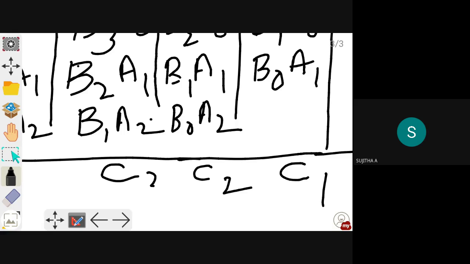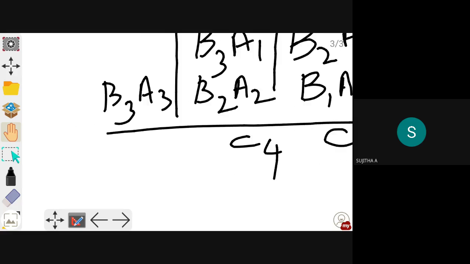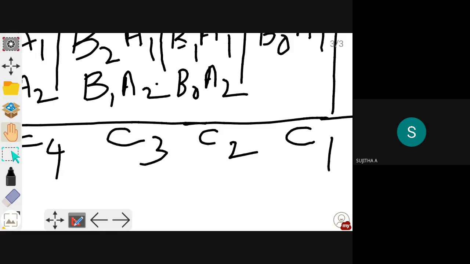This output should be C3. This output should be C4. This output should be C5, and if there is any carry, that should be C6. So you have to get C6, C5, C4, C3, C2, C1 and C0.